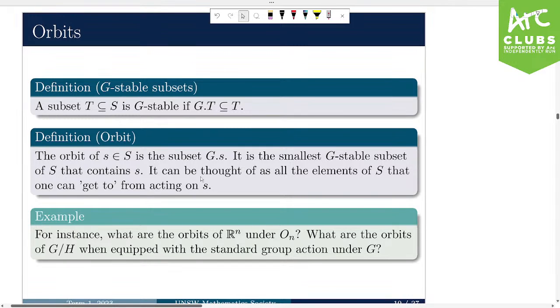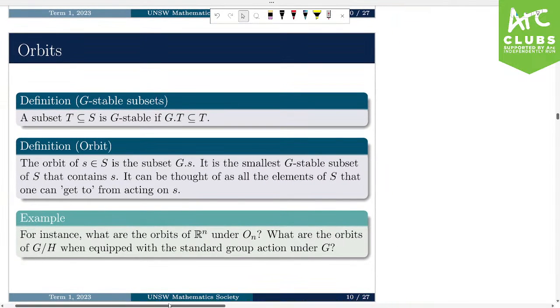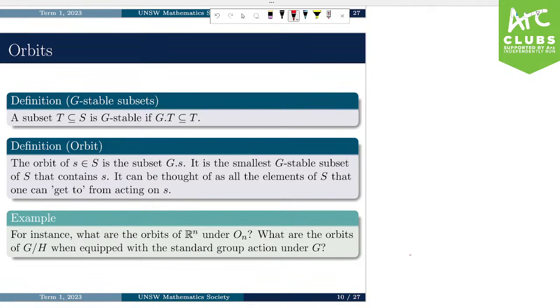So some examples of orbits here. Orbits of R^n under O_n. O_n is the group of isometries that also fix 0. What this means is that the distance between v and 0 is the same as the distance between T of v and 0.